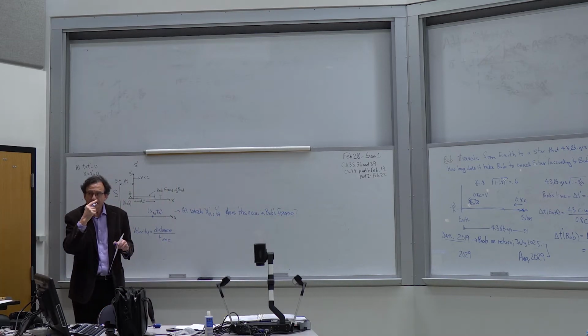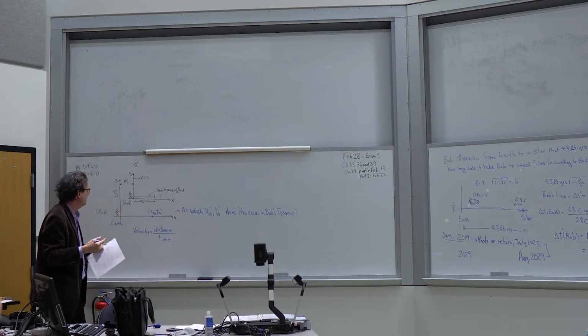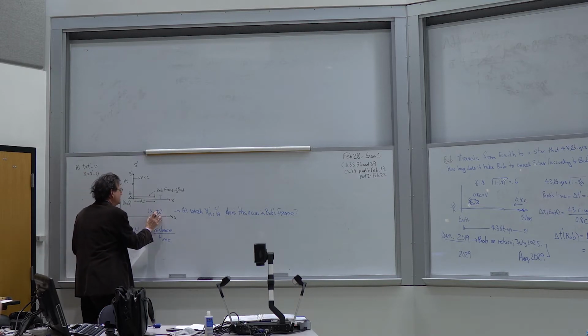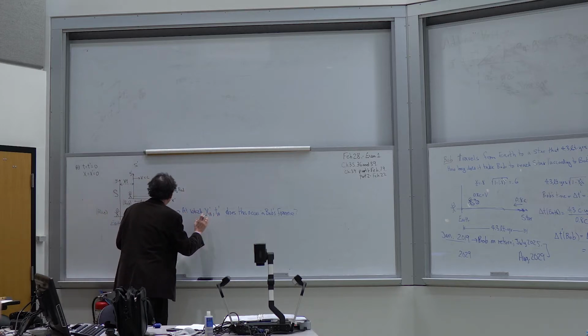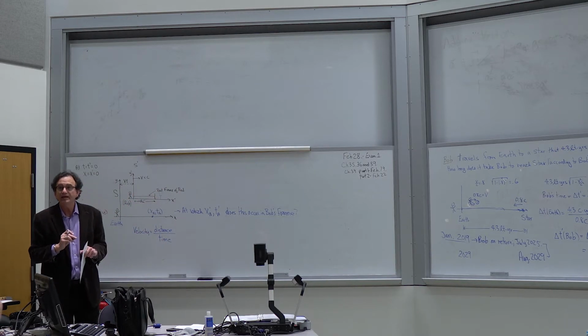That's the general question that we're trying to answer. So we have a certain X A, T A for Alice, and where does that occur, and what time did that occur for Bob? And it can be anywhere.